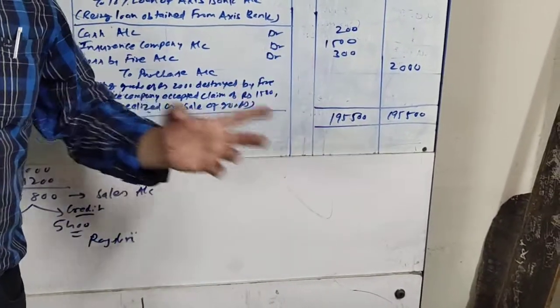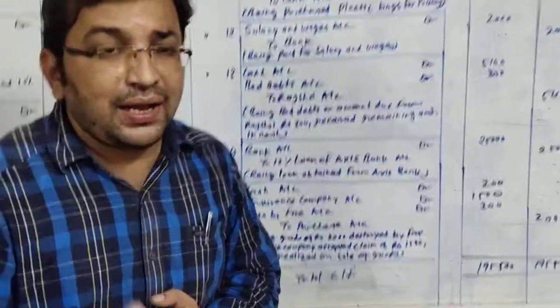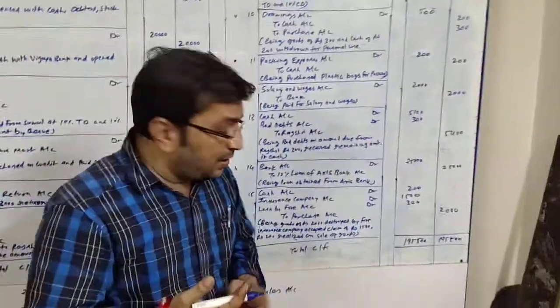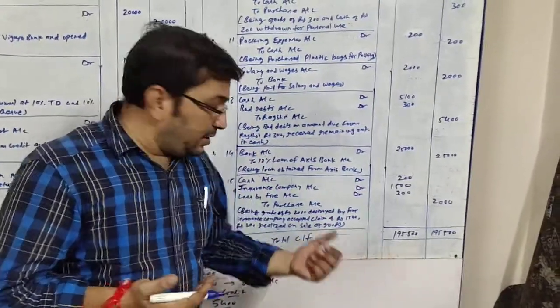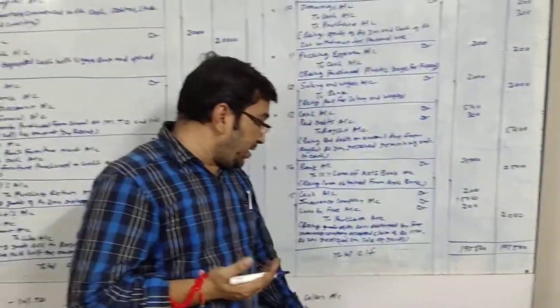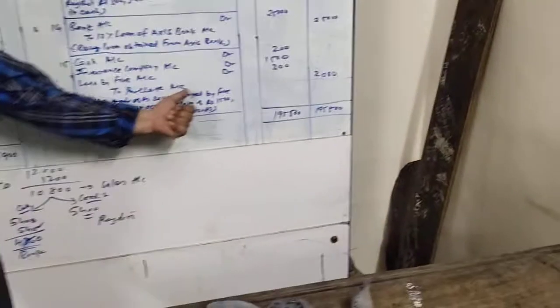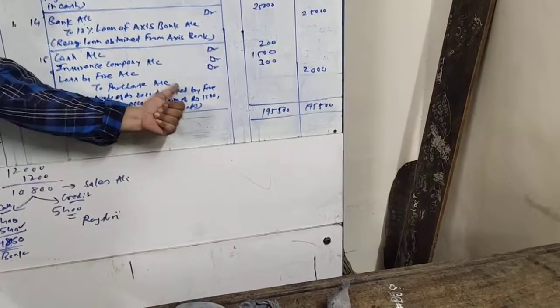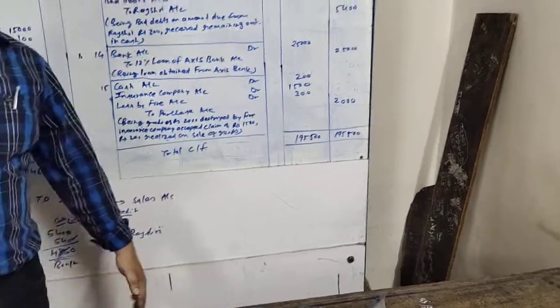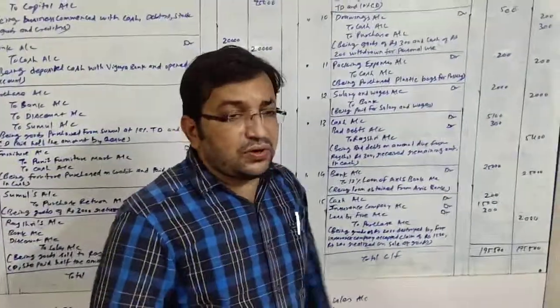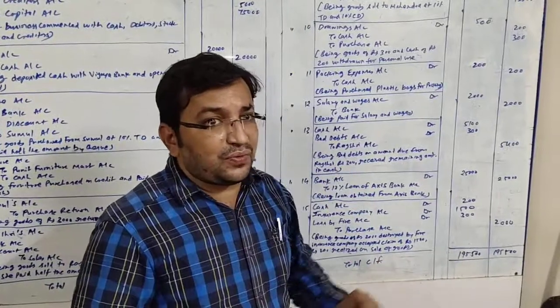Insurance company has accepted the claim, so one kind of receivable, any receivable or asset debited, right? Loss by fire account debited, and purchase account credited. Being goods of 2,000 destroyed by fire, insurance company accepted a claim of 1,500, rupees 200 realized on sale of goods. Now here also my page is over, the sum is yet to be finished.